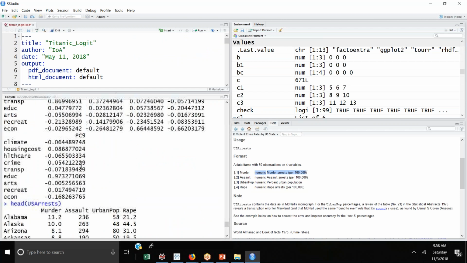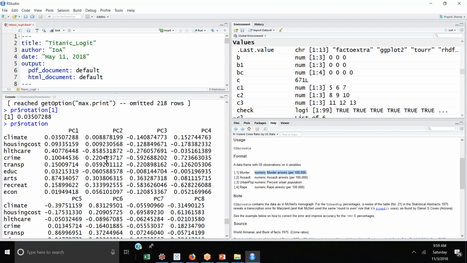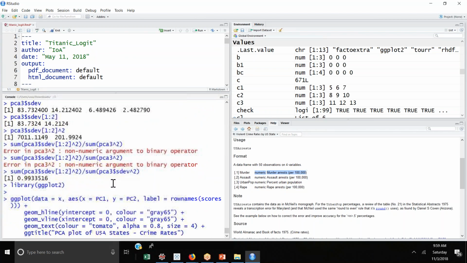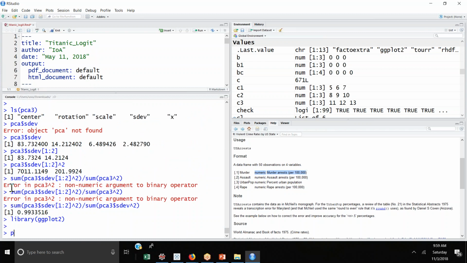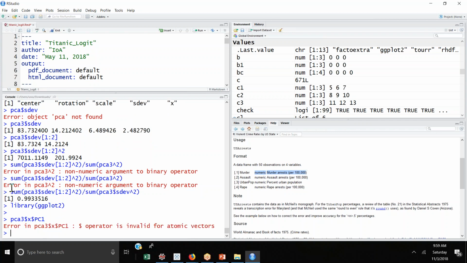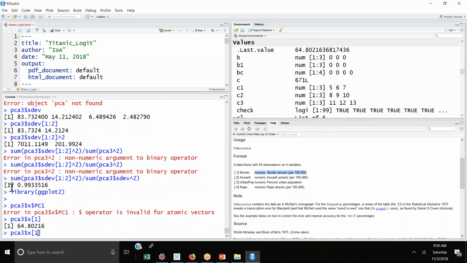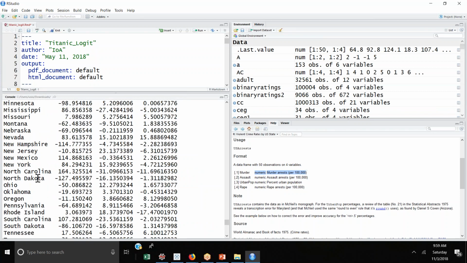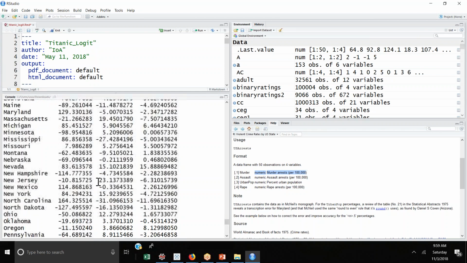What did we get? PC1, PC2. Rotation PC1, PC2. Let me do this before. PCA3 x, the dollar sign. Now this axis matrix. I want this to come out.